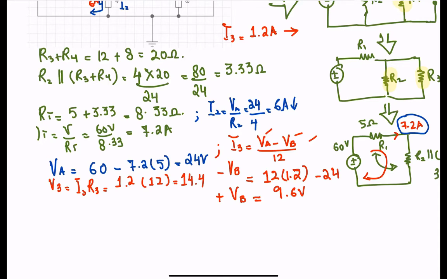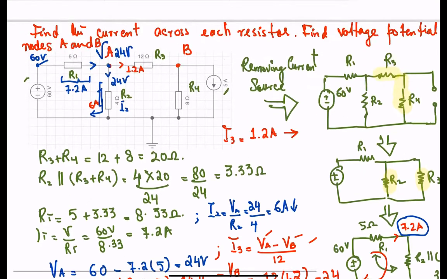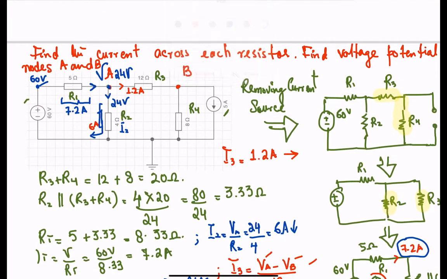The negative signs on each side cancel out to get VB equals 9.6. So coming back to the circuit, this over here, which is VB, equals 9.6.